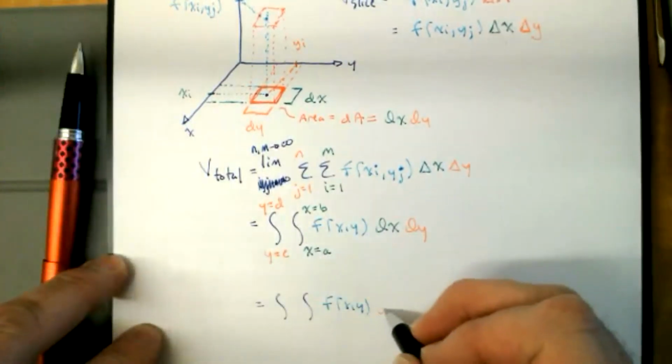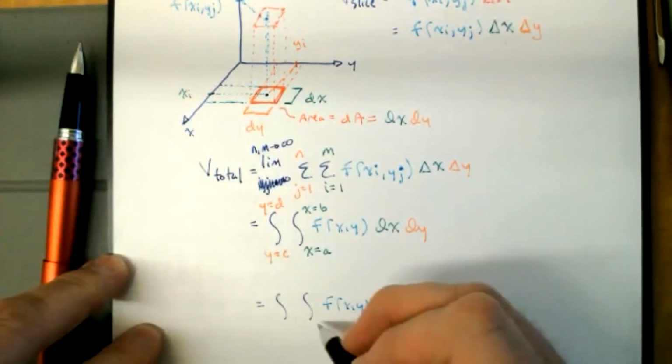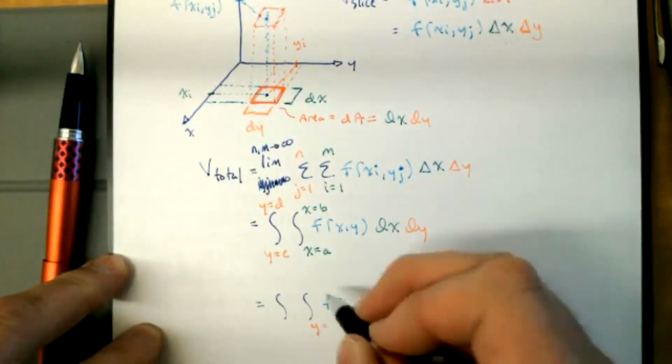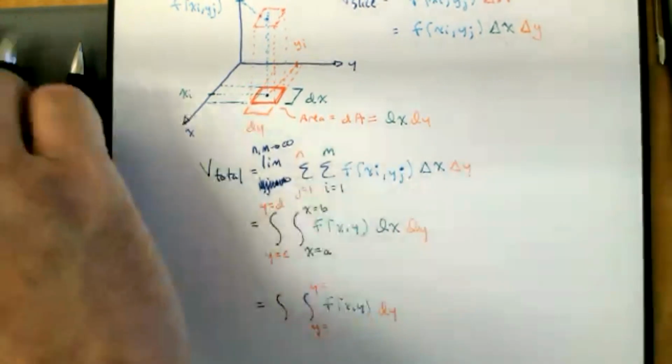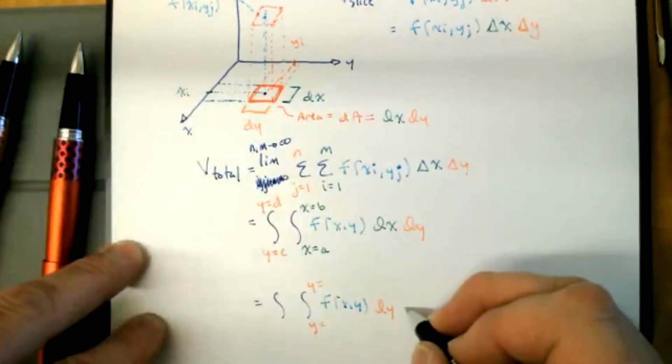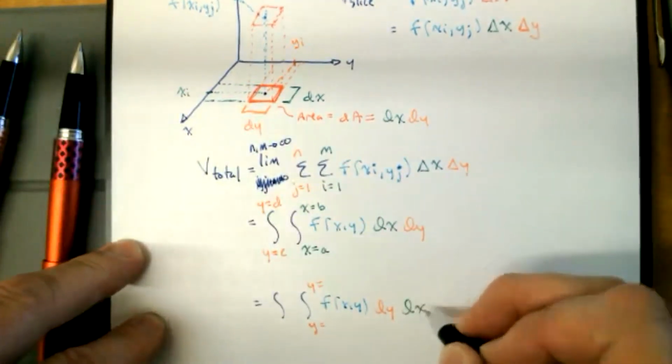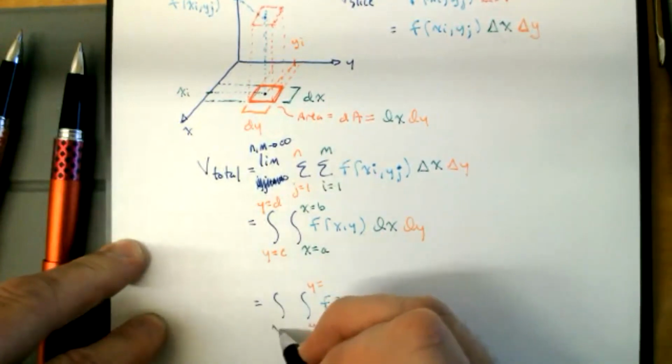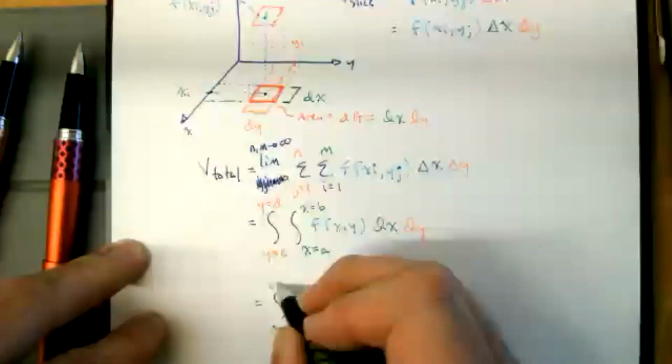If dy is the first thing after the function, then our inside integral is the y integral. So if it goes dy dx, the inside integral is the dy integral, and the outside integral is the dx integral.